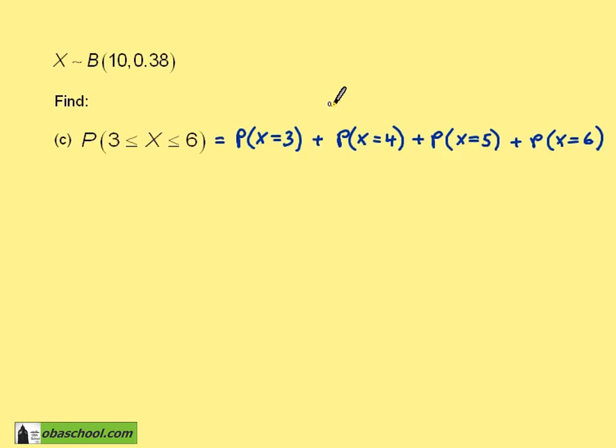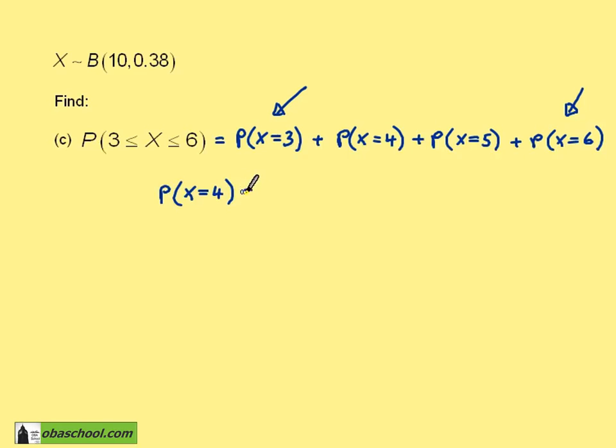We can just add them because, of course, they're mutually exclusive. We already know the value for 3 and 6, as these were the answers to part A and B. So we need to work out the probability x is 4.